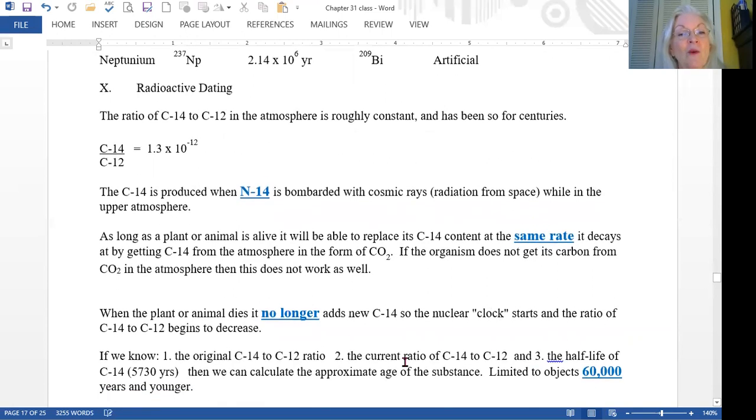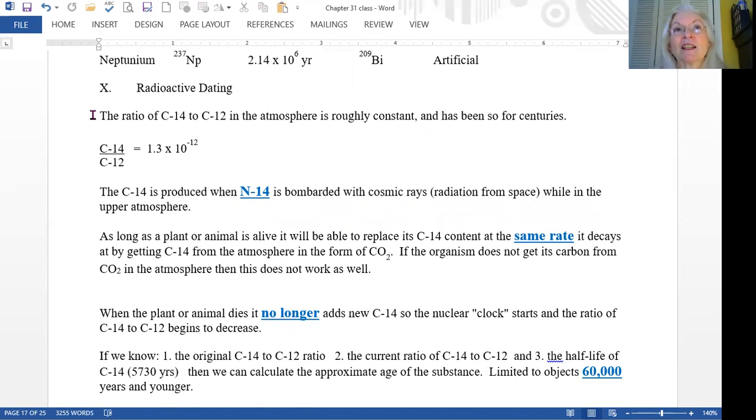How do you know how old something is using radioactive dating? Well, there are a variety of techniques, but the one people know the most about or hear the most about on the news is carbon-14 dating. The ratio of carbon-14 to carbon-12 in the Earth's atmosphere is roughly constant for quite a long time. Now, there are spikes in it. It does change.